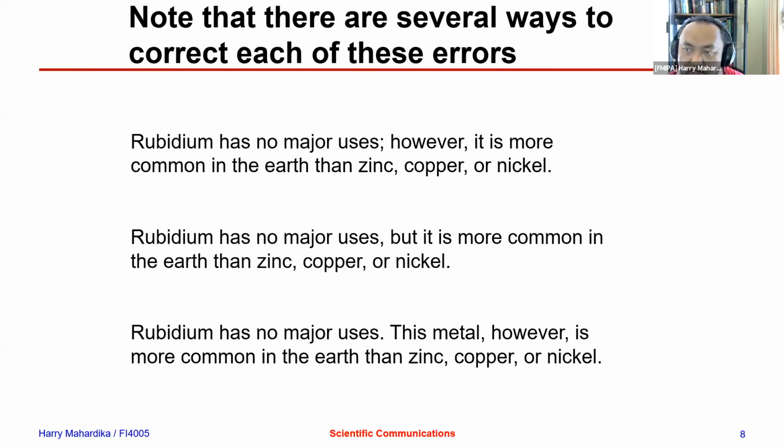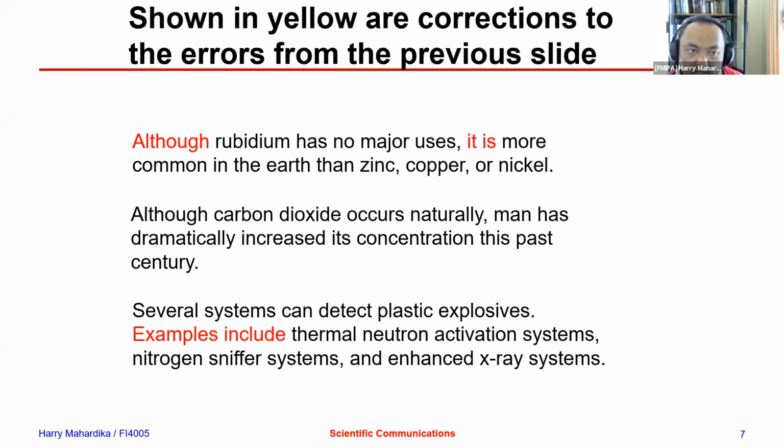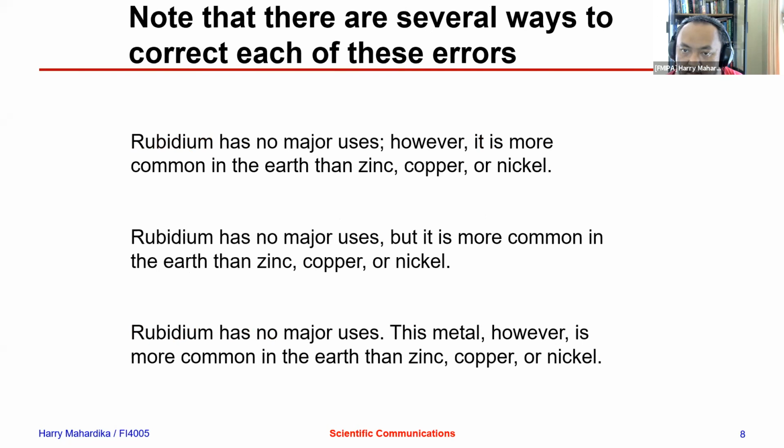Another alternative is that we may keep the "however" in the first sentence, but instead of using a comma, we are using a semicolon. So, "Rubidium has no major uses; however, it is more common in the earth than zinc, copper, or nickel."